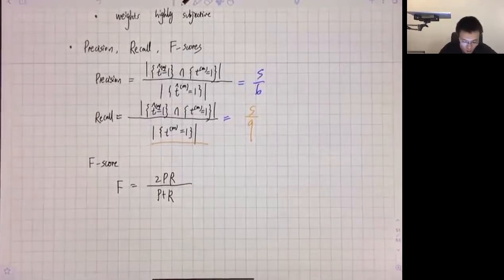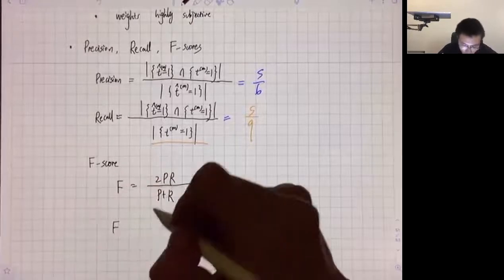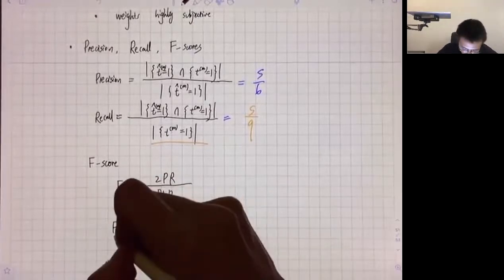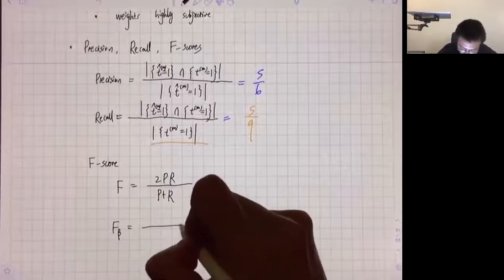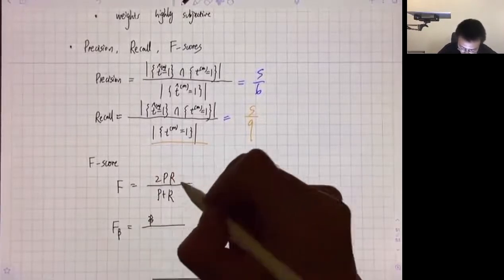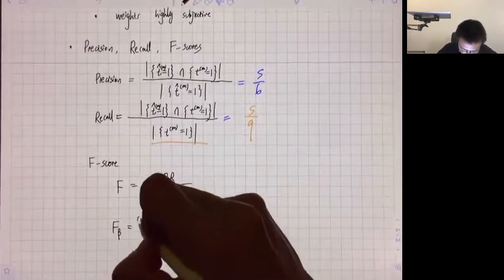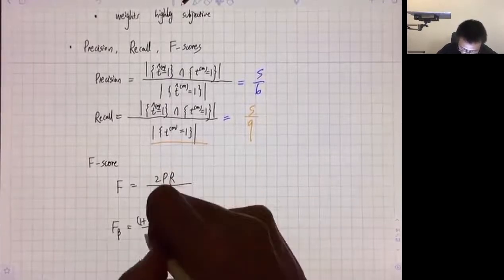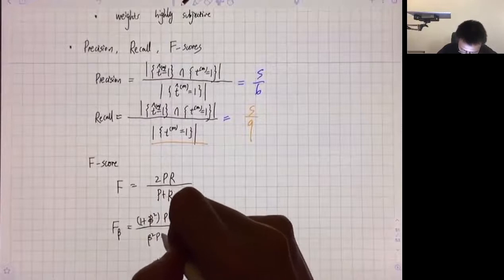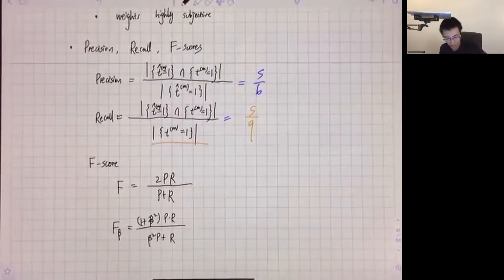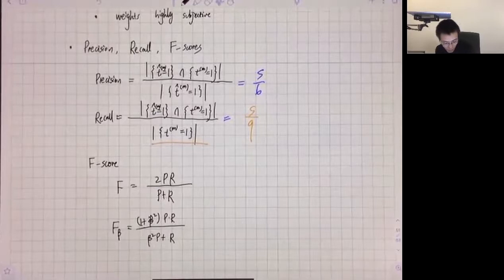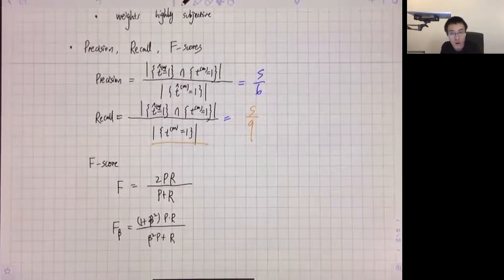And the importance of precision and recall can be weighted by a hyperparameter beta: 1 plus beta squared times PR, divided by beta squared times P plus R. So beta gives you a weight between P and R, whether precision is more important than recall or recall is more important than precision.